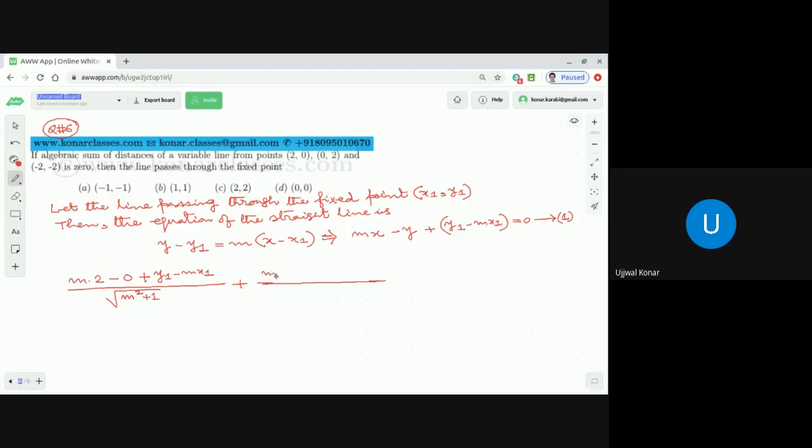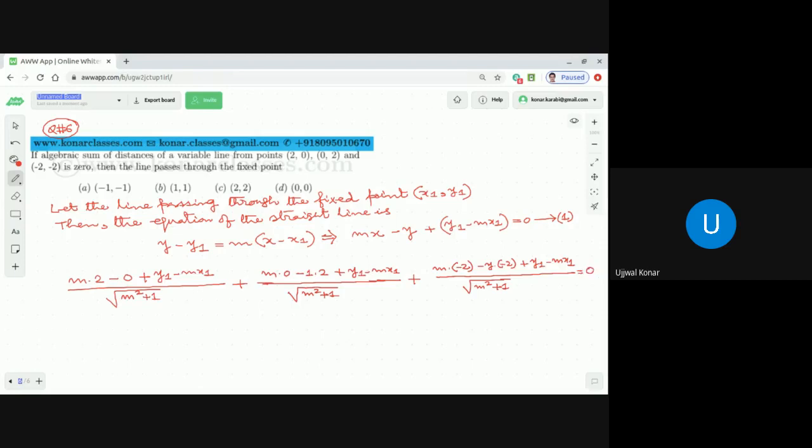It should be m into 0 minus 1 into 2 plus y1 minus m into x1, divided by square root of m square plus 1, plus the distance from the point (-2, -2) to this straight line in equation 1, which should be m into minus 2, correct, minus y into minus 2, that eventually becomes plus 2, plus y1 minus m x1, divided by square root of m square plus 1, that is equal to 0 according to the question, the algebraic sum.